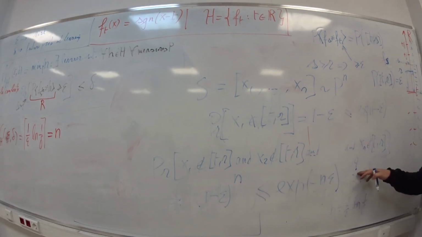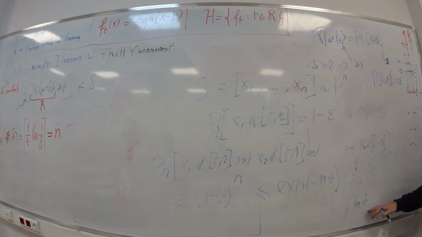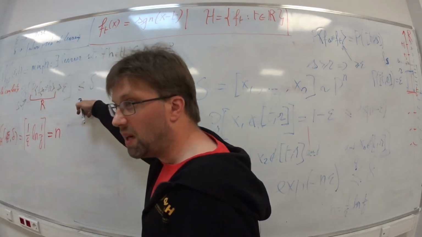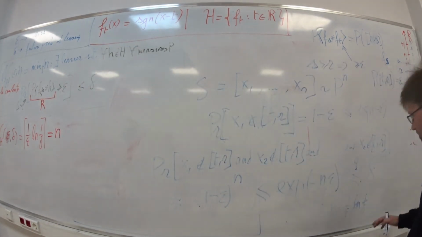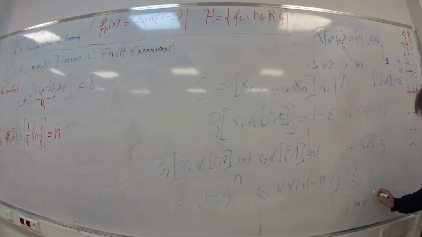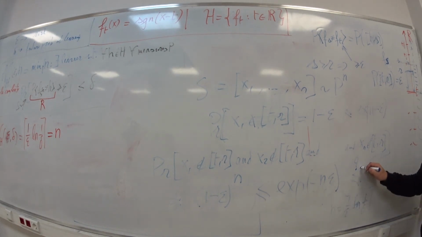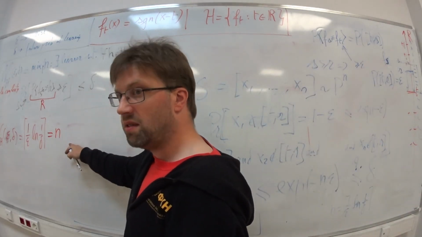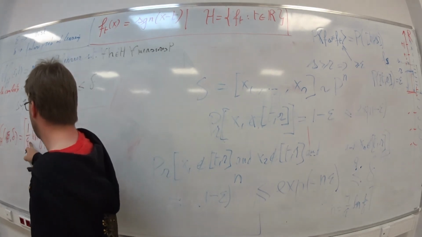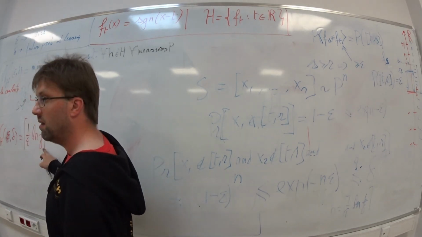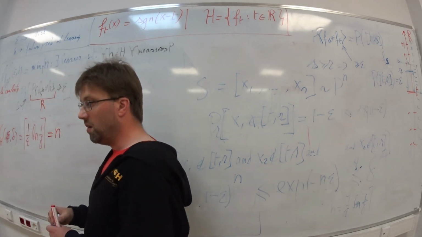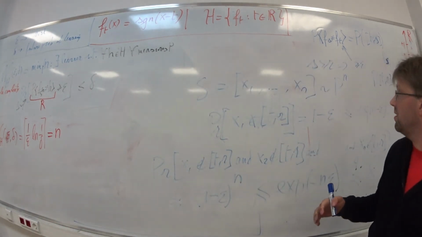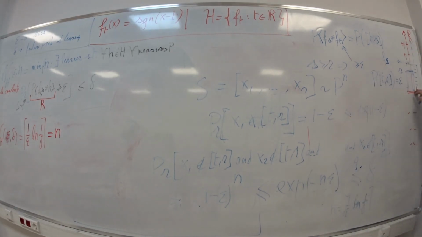But the problem is that n is the size of the training set, has to be an integer, so we need to round up. If we make it a bit larger, if we round up, then this is indeed the case. So we have proven this theorem: for the set of threshold functions, sample complexity is 1 over epsilon ln 1 over delta.